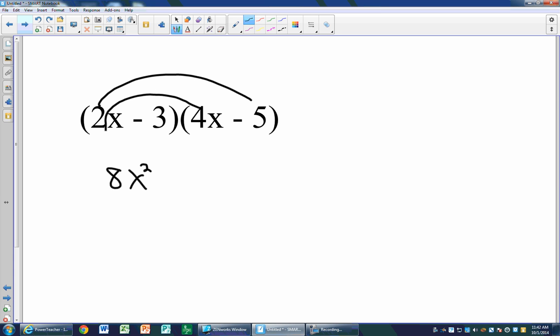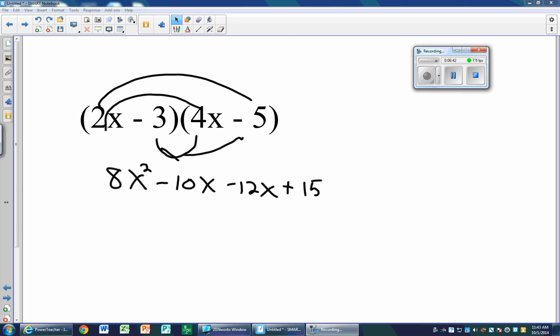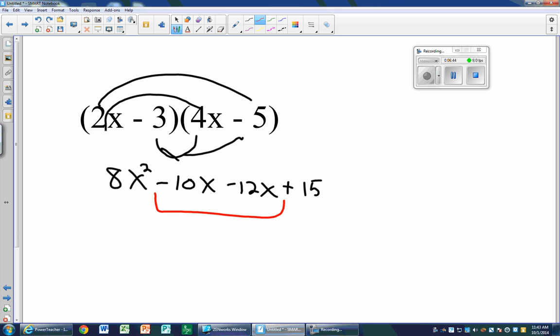If you're going to use this method, make sure that you're doing each step every single time. Then you do negative 3 times 4x is negative 12x. Negative 3 times negative 5 is positive 15. Combine like terms, just like we did before. We have 8x squared minus 22x plus 15.